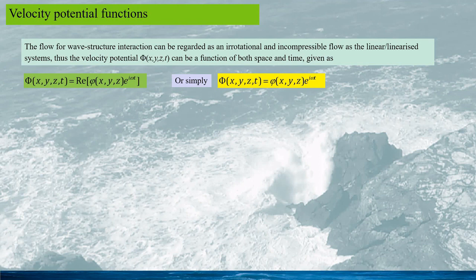For the wave structure interaction, the flow can be regarded as irrotational and incompressible flow, and the dynamic system is normally linearized. As such, the real velocity potential, capital Phi, would be expressed as a time-independent potential function phi times the time factor as this, or simply expressed as this.